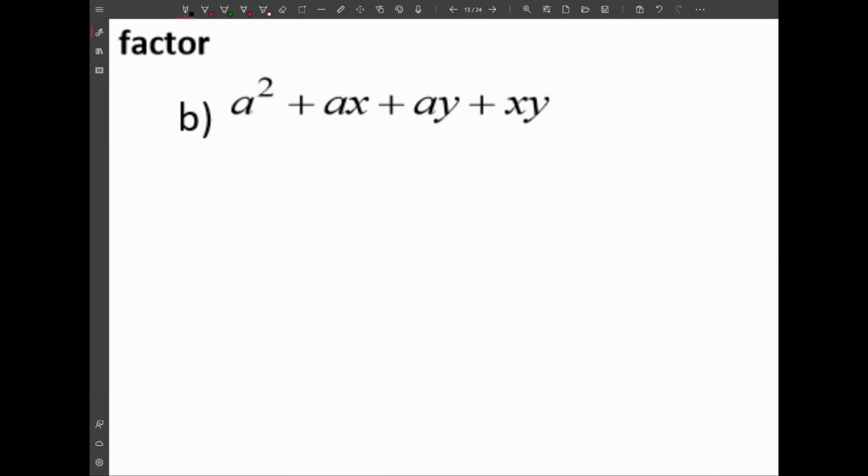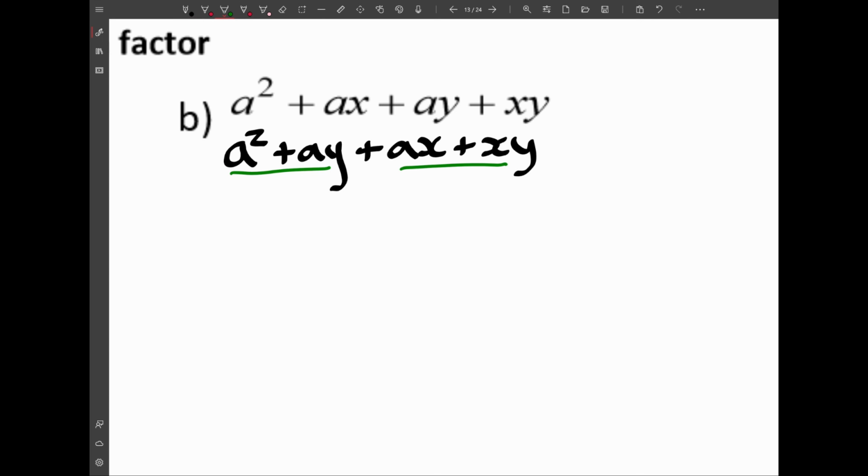B, similar idea. Now, you don't always have to pick the pairs that are right next to each other. It just so happens it's conveniently set up like that right now, but we don't have to. We could do it other ways. We could rearrange them. For example, I could rearrange this one to be a squared, and I could move this guy over and make this a squared plus ay plus ax plus xy. I could do that. I still have groups that have things in common. You just want to make sure, however you organize them, the pairs are in groups where you can find something common.